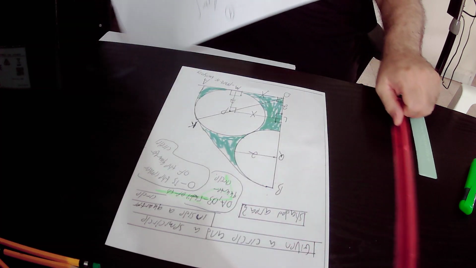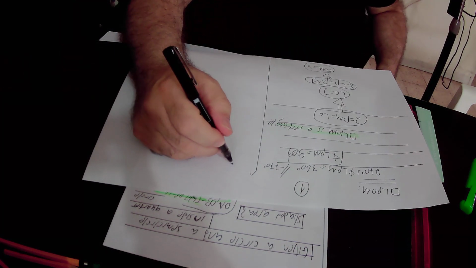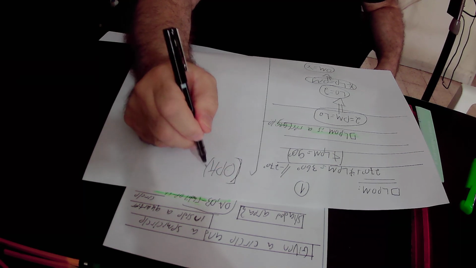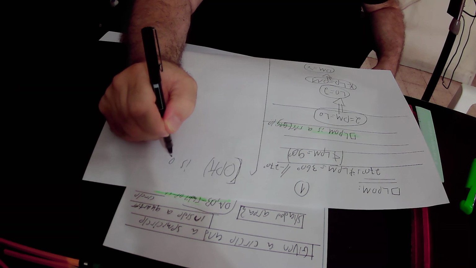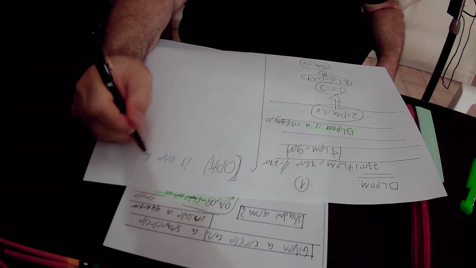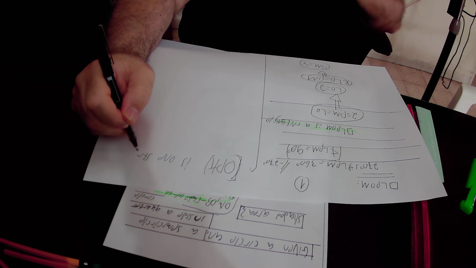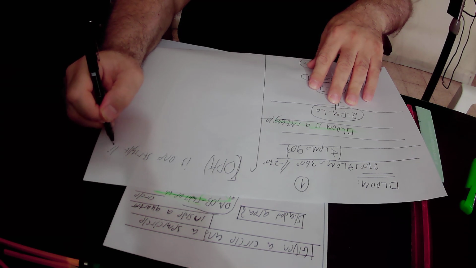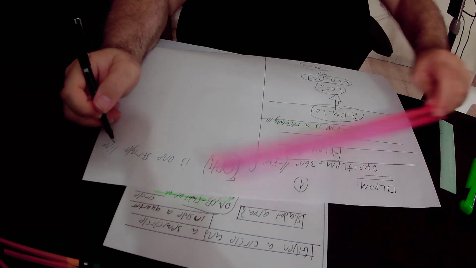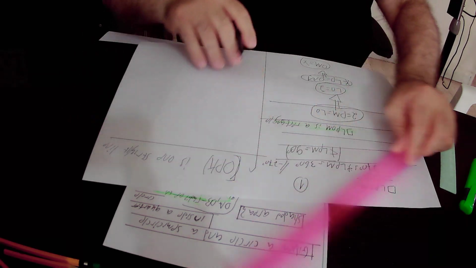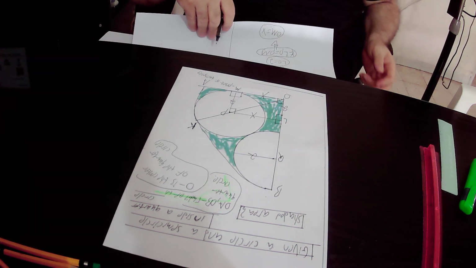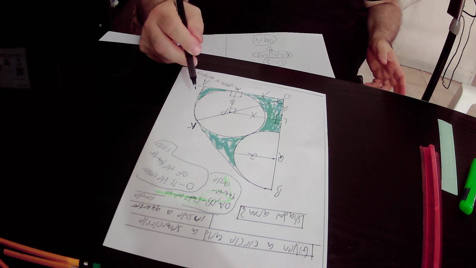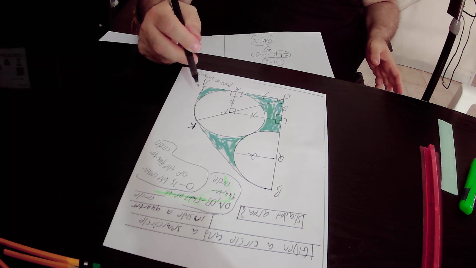Or in other words, points O, P, and K are all located on the same straight line.